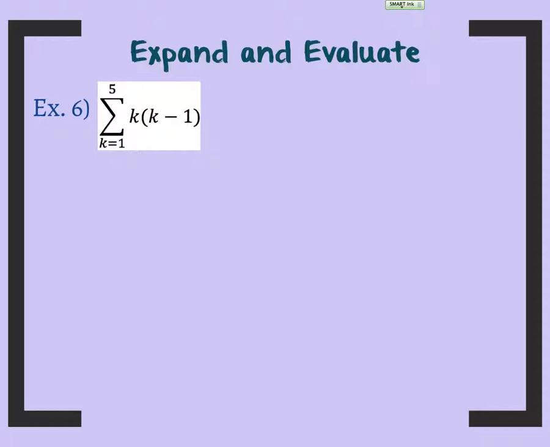All right, so we'll start the same way by plugging those in. So first I start with 1, so I have 1 times 1 minus 1. 1 minus 1 is 0, so that's just 0. Then I have to plug in 2 into both of those k spots. So 2 minus 1 is 1, 1 times 2 is 2. Plugging 3 in there, I end up with 2 times 3 is 6.